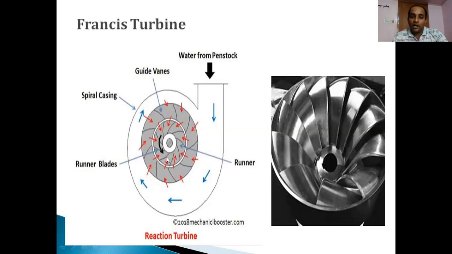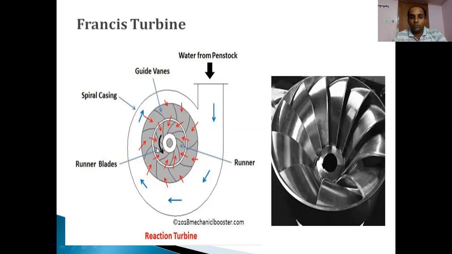And another part of the kinetic energy, in the form of pressure energy, is developed as the water passes through these runner blades, which is nothing but when they hit with great intensity on these runner blades, some amount of action reaction force is developed.